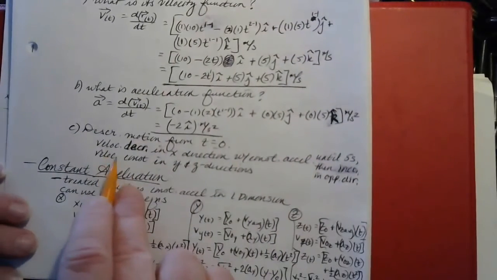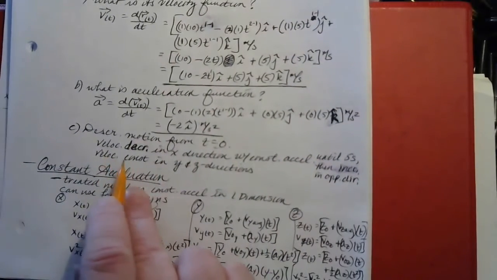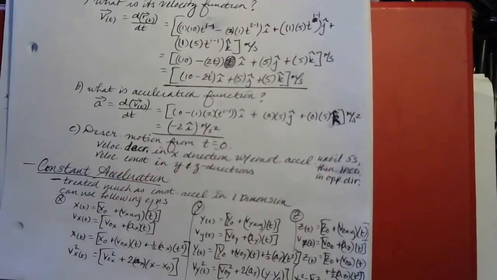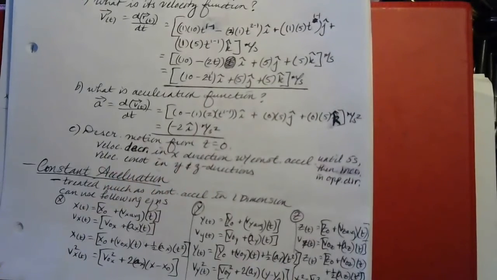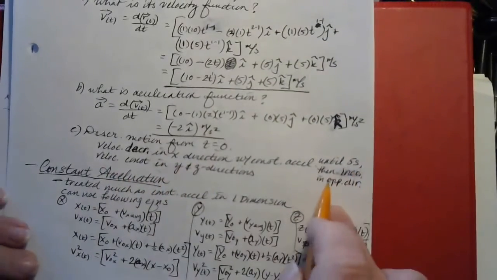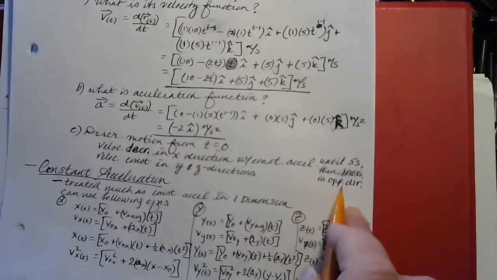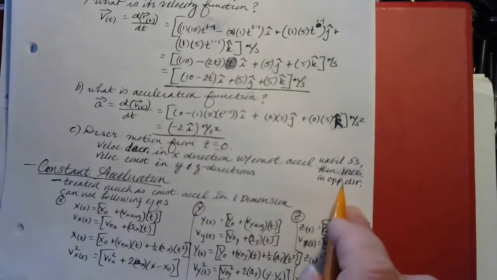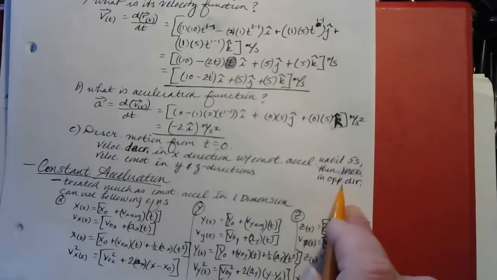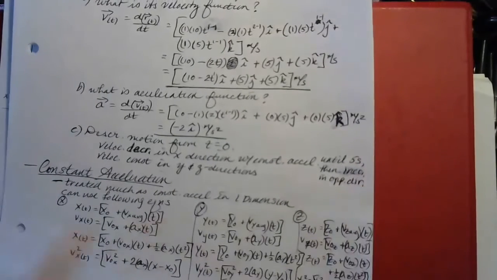And when we do that, we find that the velocity decreases in the x direction with constant acceleration until 5 seconds, at which point it changes direction and accelerates in that direction, going faster and faster. Because after 5 seconds, the acceleration is negative. And so once the object changes direction, it will be going faster and faster in the new direction.